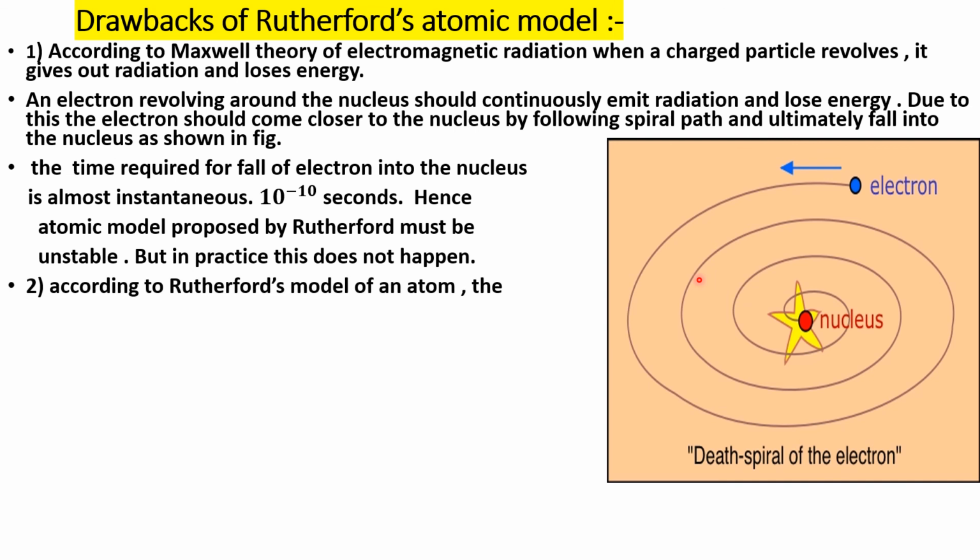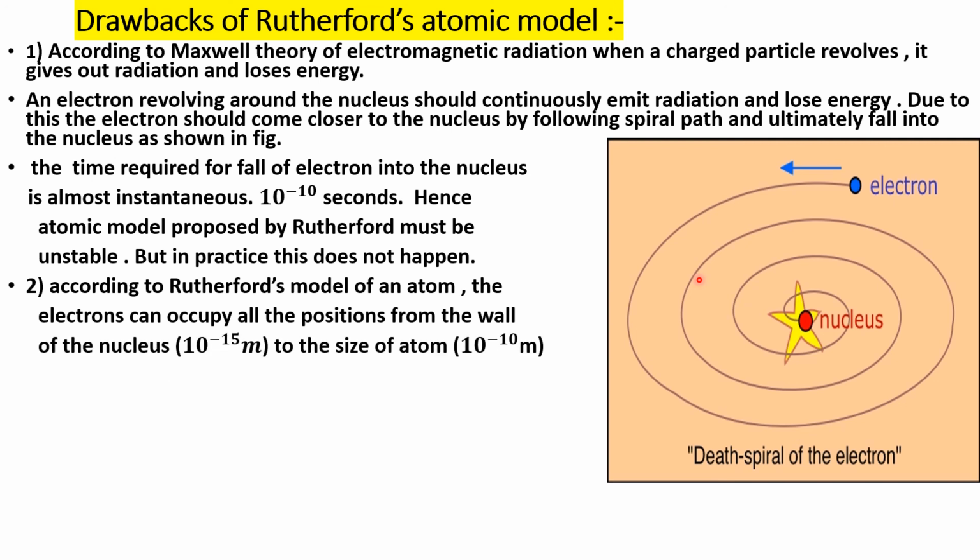Second drawback. According to Rutherford's model of an atom, the electron can occupy all the positions from the wall of the nucleus, that is, near about 10 raised to minus 15 meter, to the size of the atom, 10 raised to minus 10 meters.